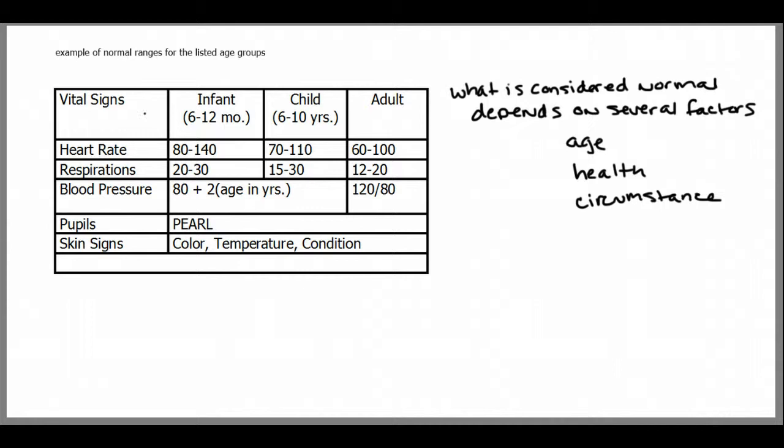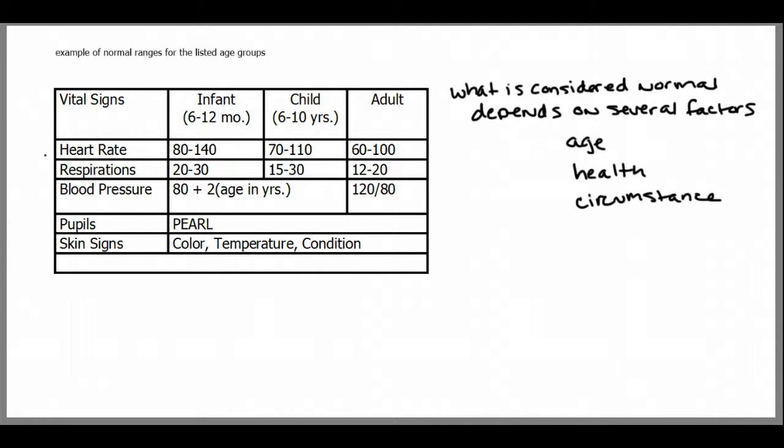In this chart, I only have listed normal vital sign ranges for infants between 6 to 12 months old, children between 6 to 10 years old, and adults. And keep in mind these vary depending on the age groups.